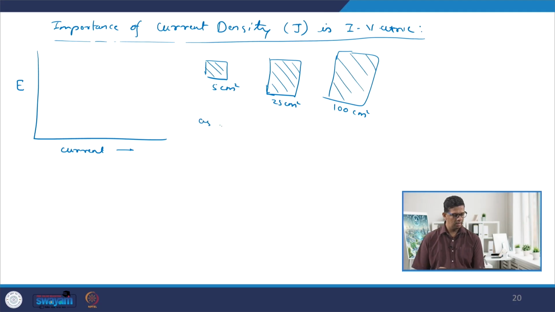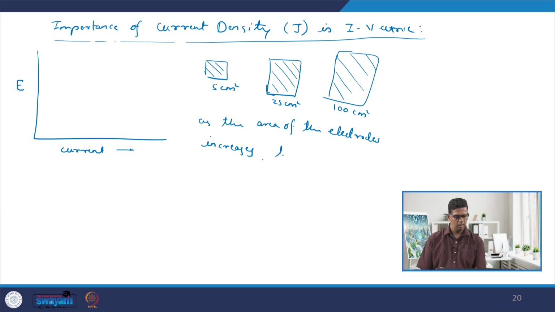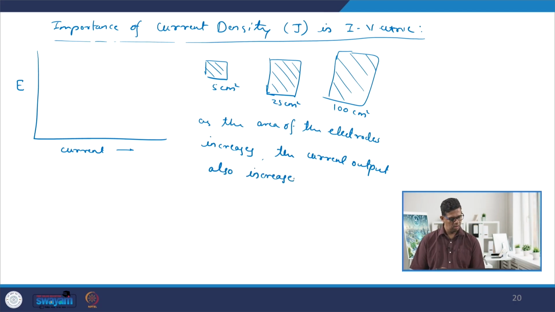As the area of the electrodes increases, the current output also increases, provided all the materials are assumed to be performing on a satisfactory scale.